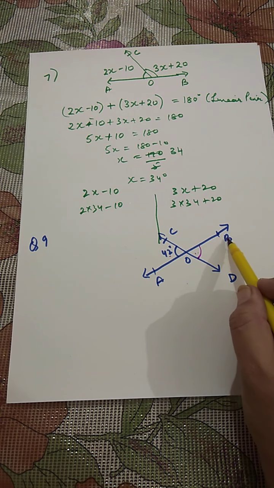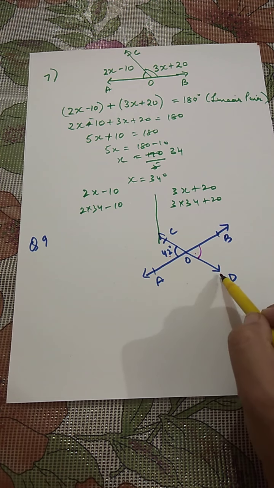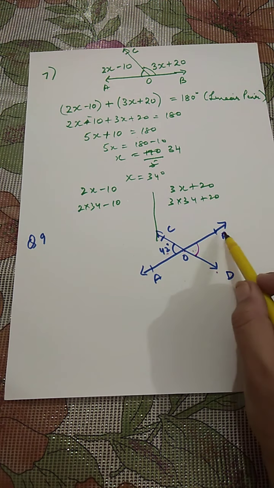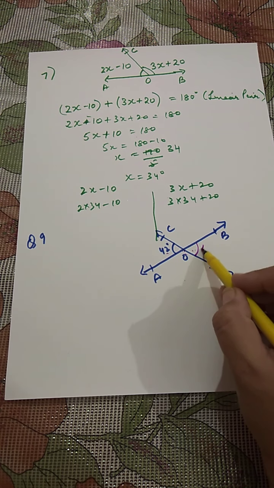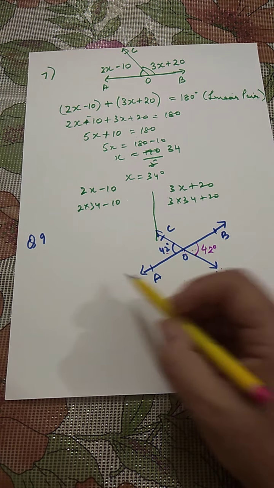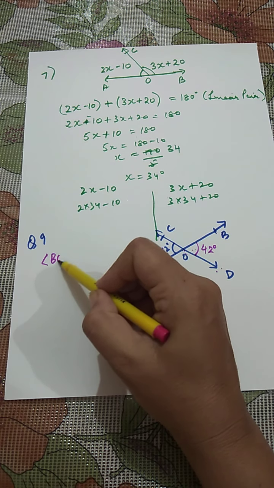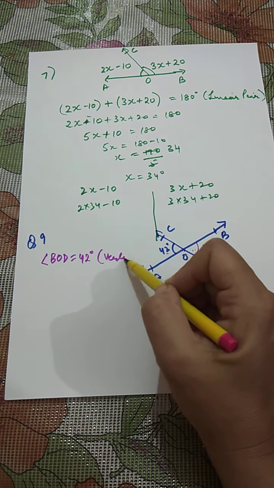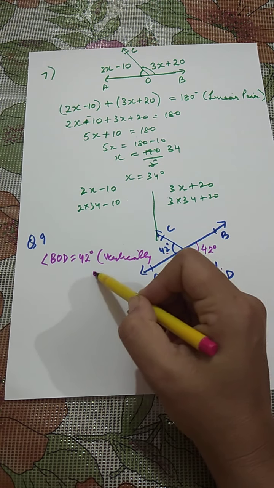To name this angle, it is angle BOD, because O is the vertex and OB and OD are arms of this angle. So this will be 42 degrees. So we will write angle BOD is 42 degrees and the reason is vertically opposite angles.